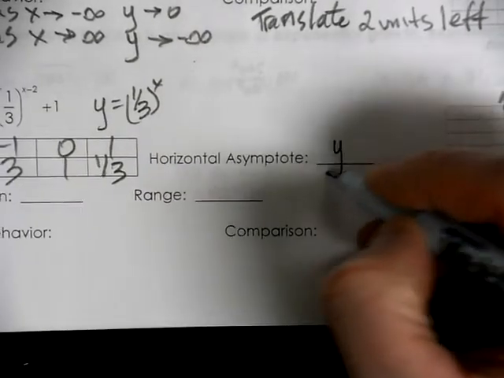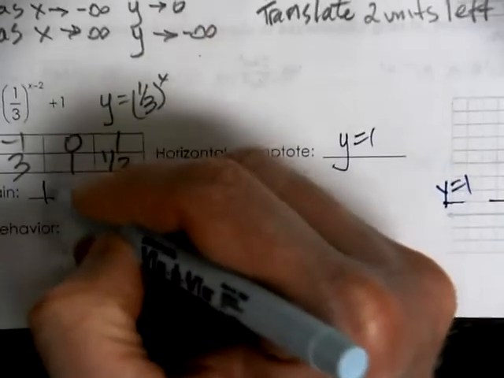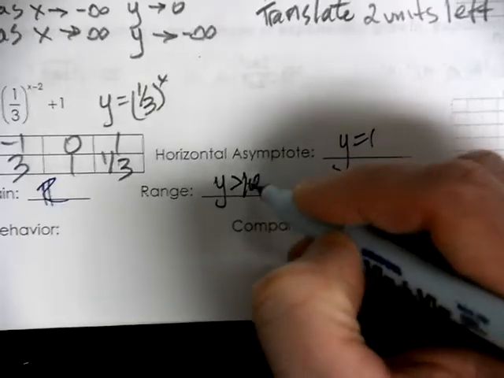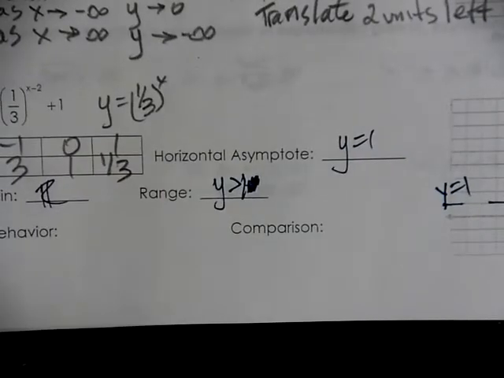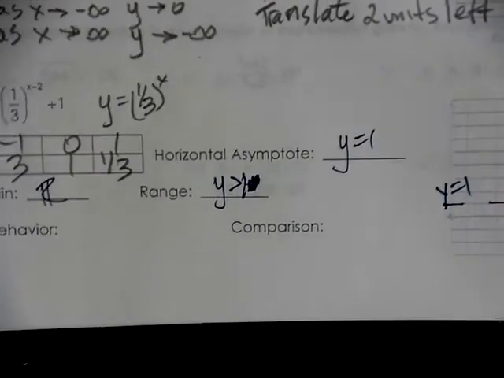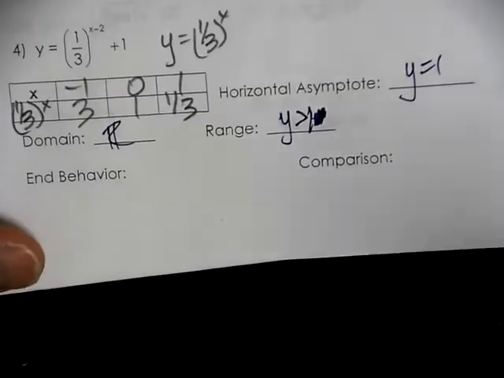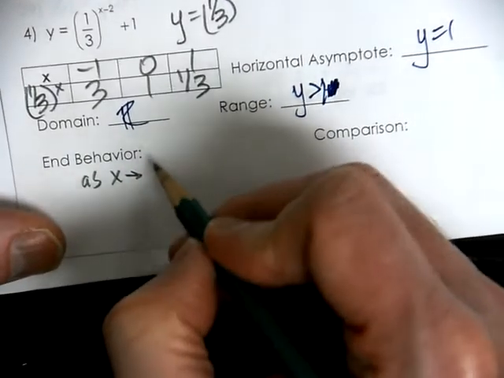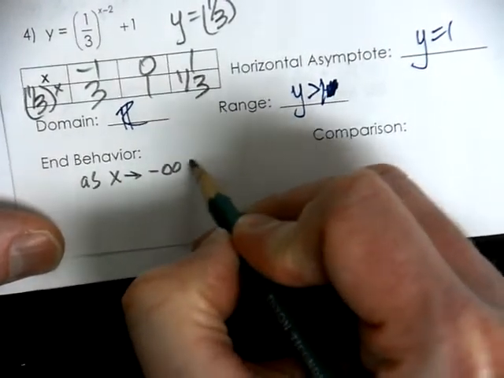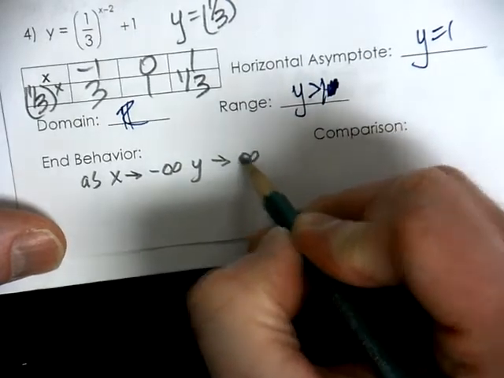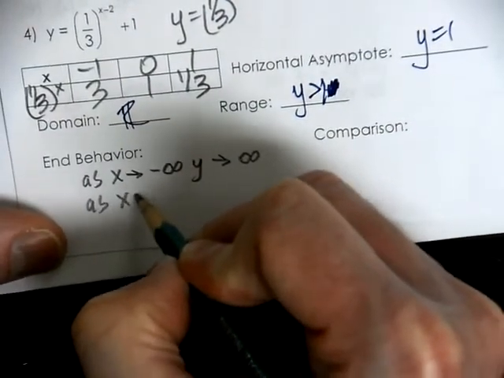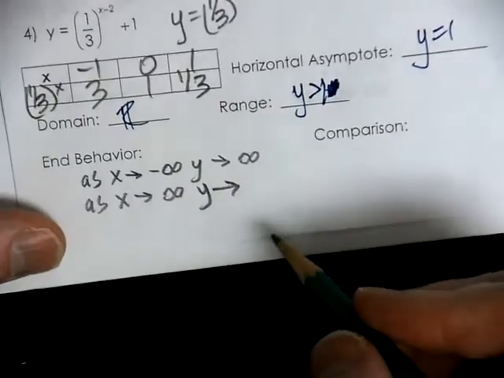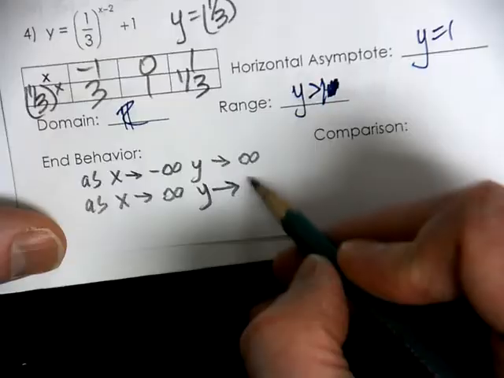We know the horizontal asymptote is going to be 1. The domain is all real numbers. The range is greater than 1. We know the end behavior. As x approaches the left, the graph is going up. And as x approaches the right, the graph is approaching 1.